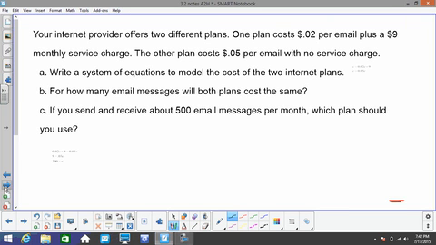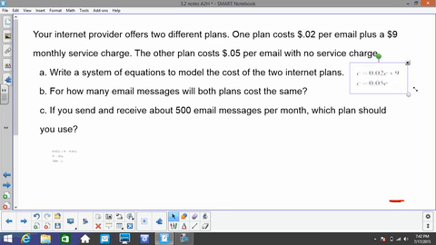I'm going to let C equal the final cost, and E is the number of emails. So, for the first plan, it's 2 cents per email plus 9. That would give me my total cost. For the second plan, it's just going to be 5 cents per email.